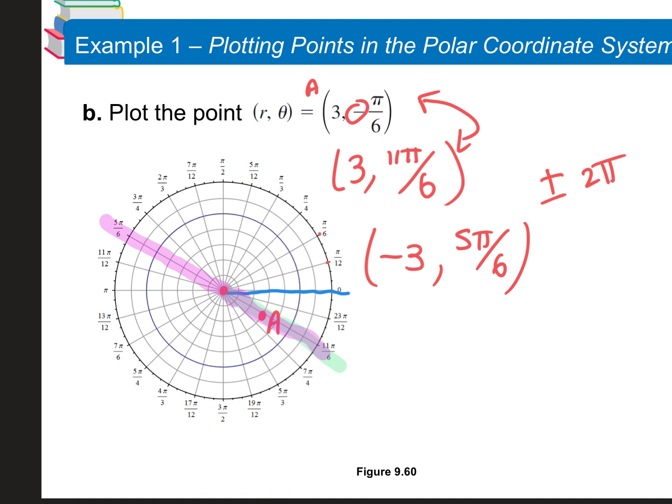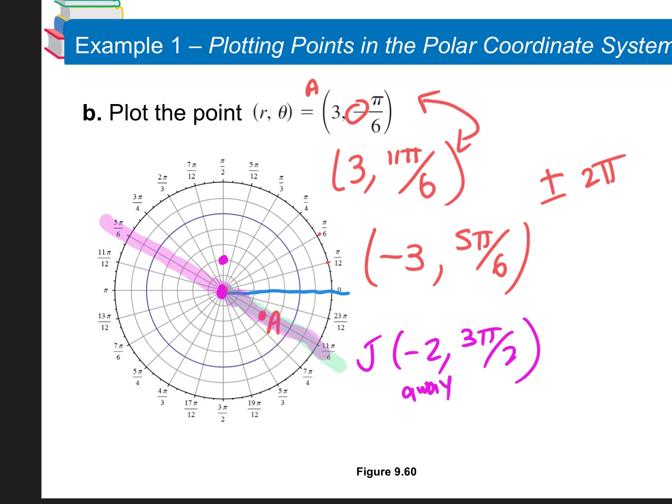One thing I want you guys to be aware of is, let's look at the point if I have negative 2 comma 3 pi over 2, right? So that means I find 3 pi over 2. I'm at the pole. We're going to call this J, whatever. So think about this. This is going to go away since it's negative. So 3 pi over 2, I'm going to go away 2 spaces.